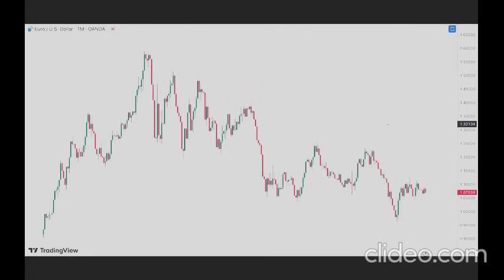So before we proceed, as usual, let us make our analysis simple by determining the daily trend of this market from the monthly time frame view up to the smallest time frame that I use for entry, that is 4 hours.